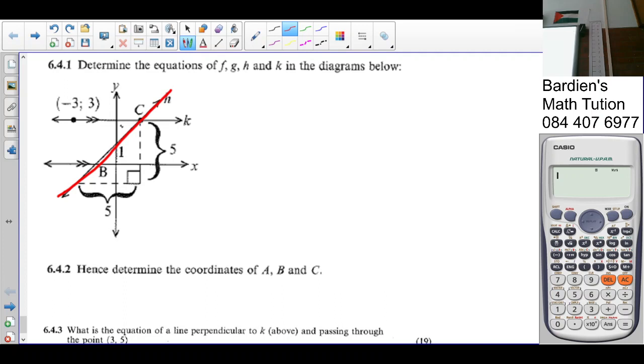No, I only have 1, which is 0 and 1 there. So for h of x, I have 0 and 1. Now we need to get another point on this graph. So the most likely point I can work out is that one, the P.